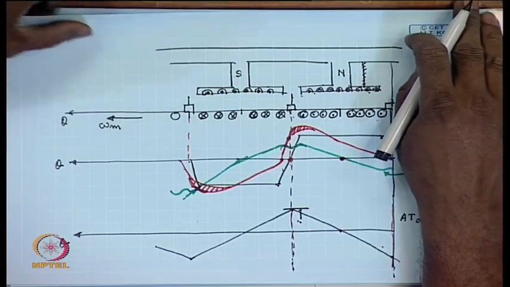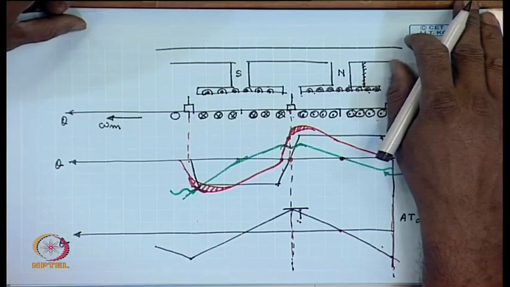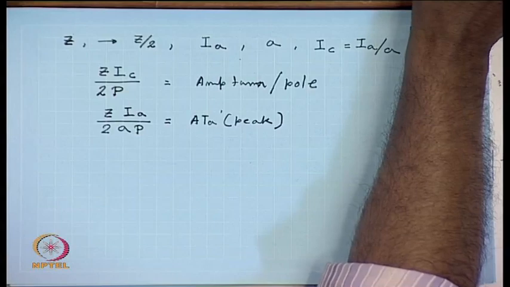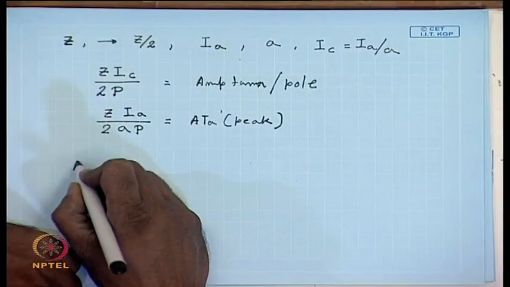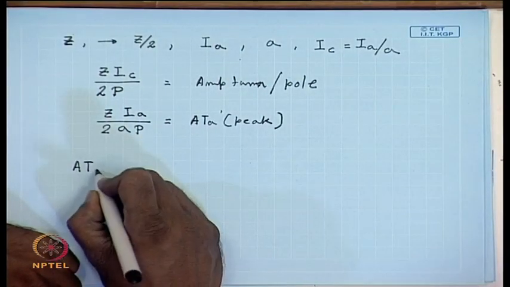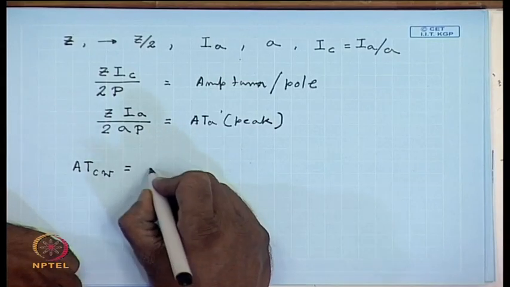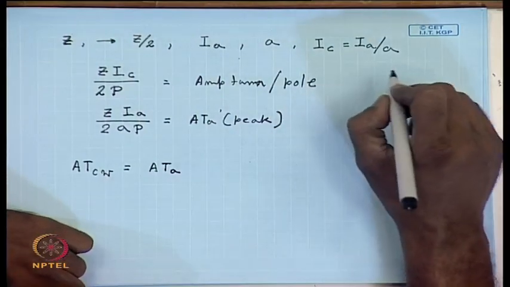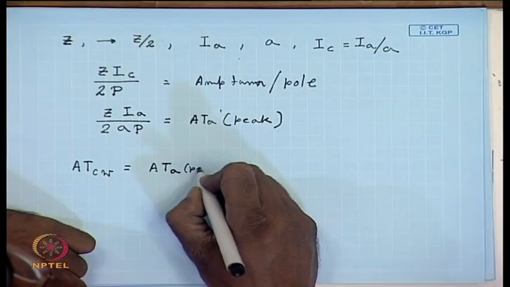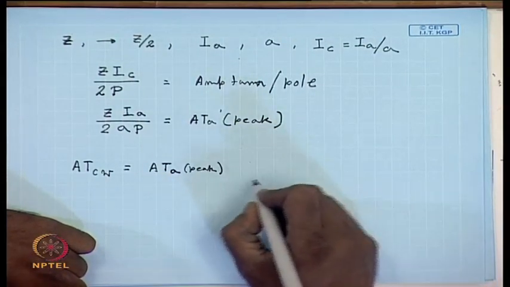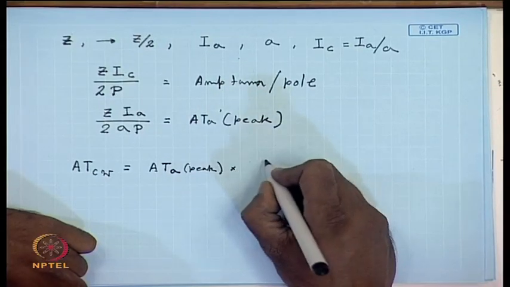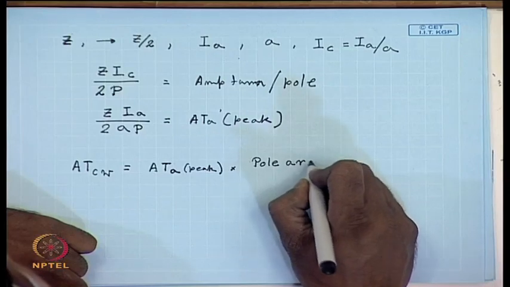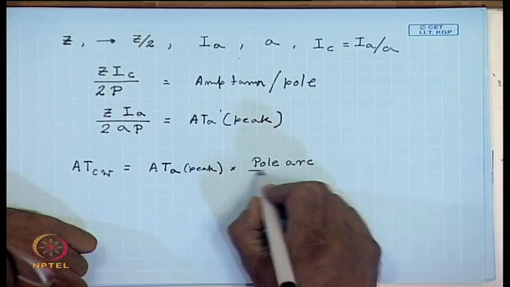So, how much should be the ampere turns produced by this coil can be easily found out from the formula that the ampere turns of the compensating winding should be equal to the ampere turns of the peak of the armature into pole arc by pole pitch.